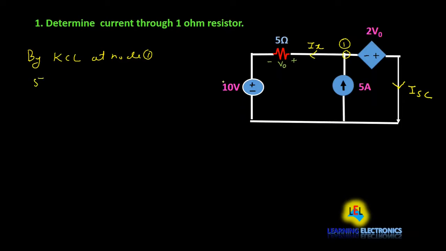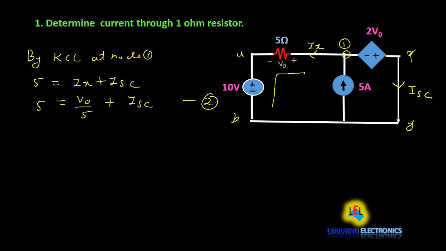So here incoming current is 5 ampere, which is equal to IX plus ISC. Here we can see that this IX current is flowing through this 5 ohm resistor, and the voltage across this 5 ohm resistor is V0. So IX will be equal to V0 divided by 5. So V0 divided by 5 plus ISC is equal to 5 we are getting. This is our equation number 2. Now let us apply KVL in this loop.